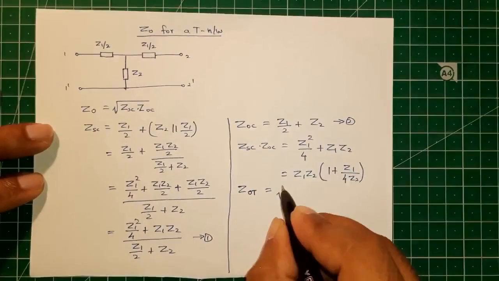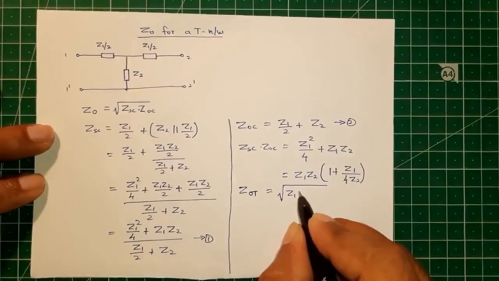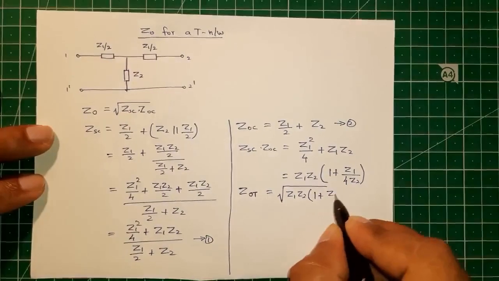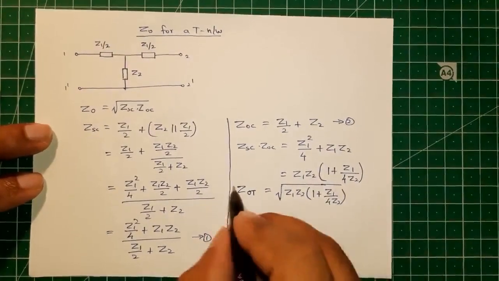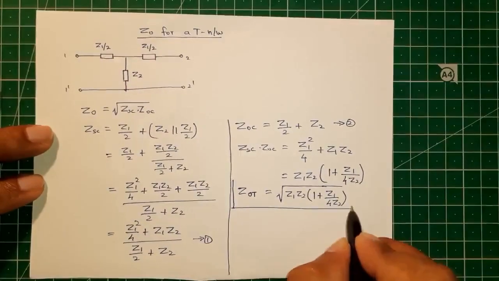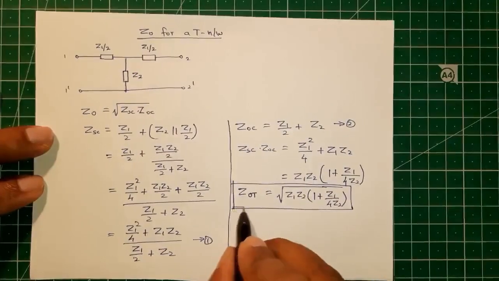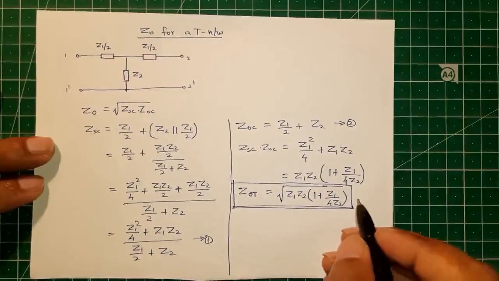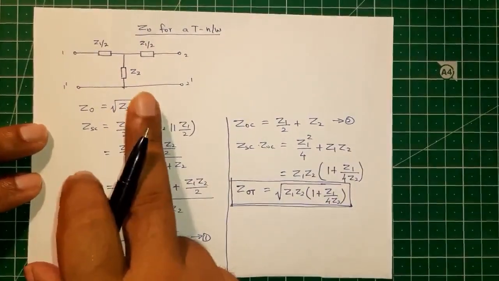So Z0T is equal to square root of Z1 Z2 into 1 plus Z1 by 4 Z2. This is the expression for characteristic impedance for this particular T network.